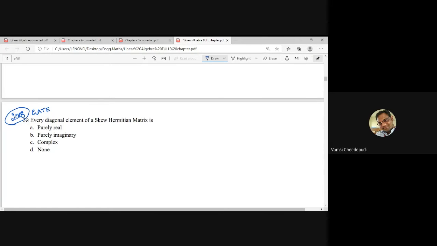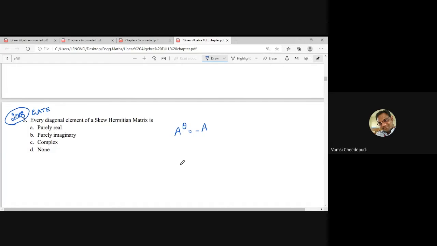Can I revise the definition of skew Hermitian? Skew Hermitian definition is A power theta is equal to minus A. Then what should your principal diagonal elements be?